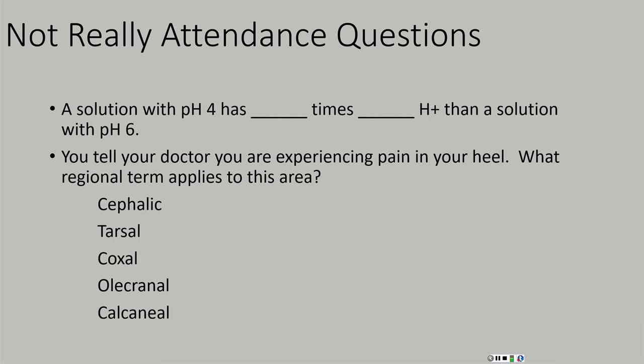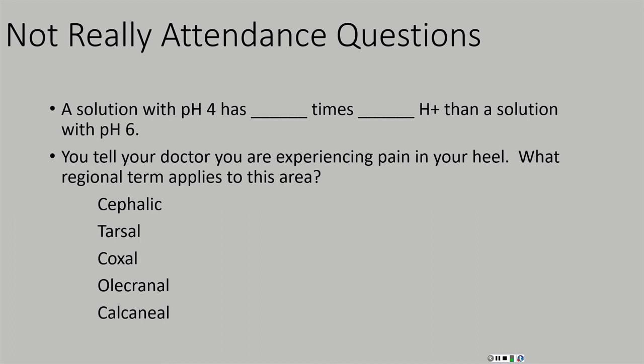Remember, the lower the number, the greater the H plus concentration. So pH 4 is going to have more H plus concentration than pH 6. How much? Well, remember, every time we go down one whole number, it's a tenfold increase.